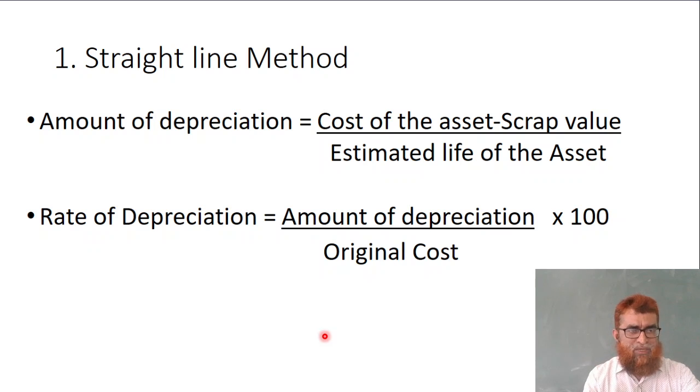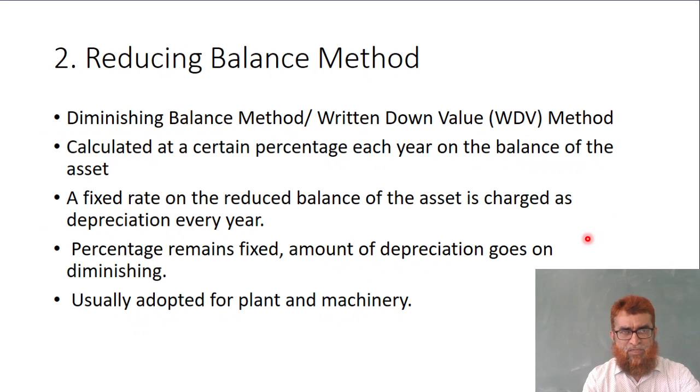For that purpose, we need to calculate the depreciation rate. So, if the amount of depreciation is given, then we can calculate the rate of depreciation. Rate of depreciation is equal to amount of depreciation divided by original cost into 100. By this we can find out the rate of depreciation.